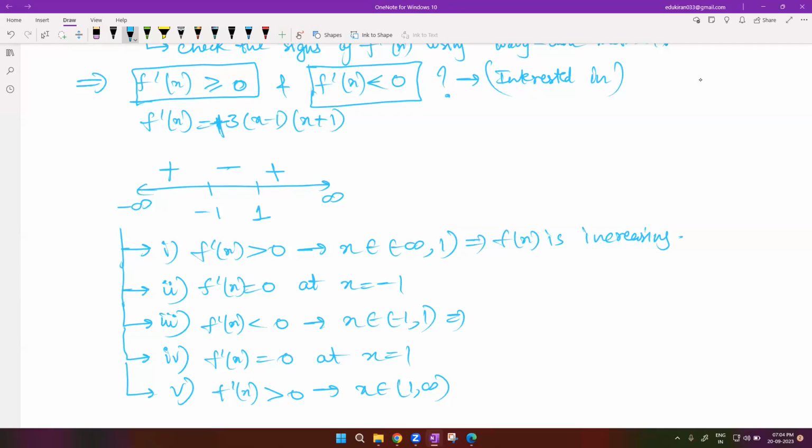If f dash x is less than 0, it means that fx is decreasing. But again, in this interval, fx is increasing.